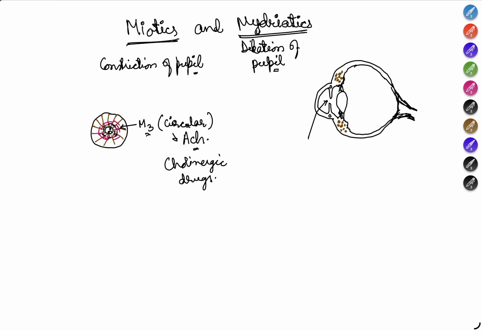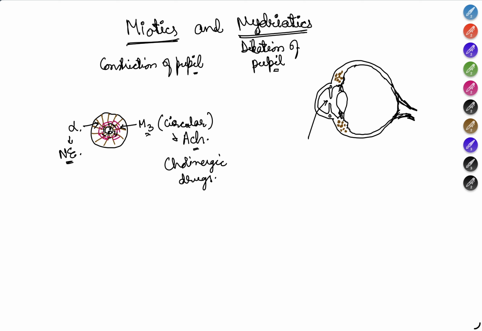The other set of muscle, the one which we call dilator pupillae, has alpha receptors, and the alpha receptors are sympathetic in nature. So they are stimulated by norepinephrine or noradrenaline. Whenever these alpha receptors are stimulated, this dilator muscle gets contracted.